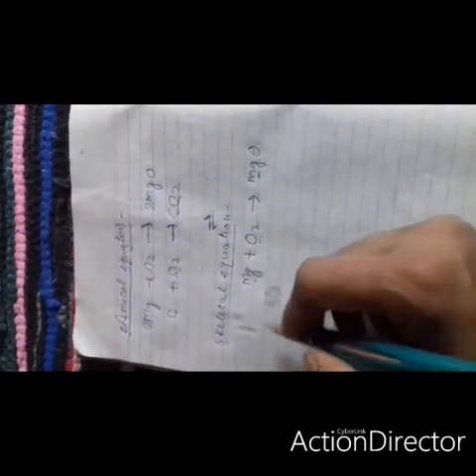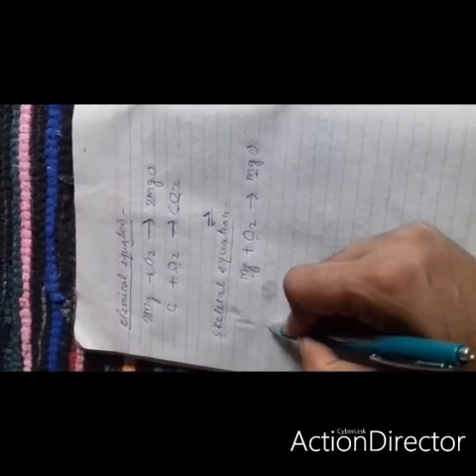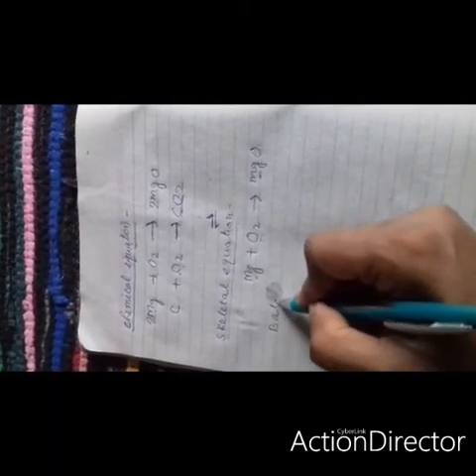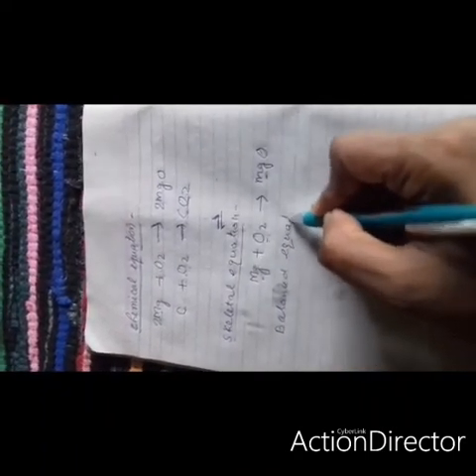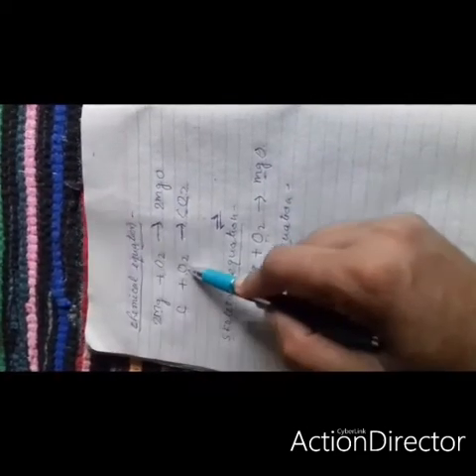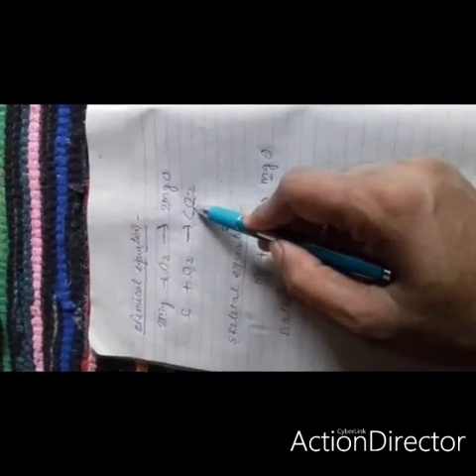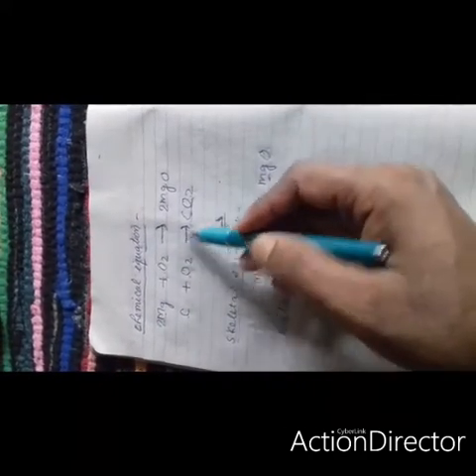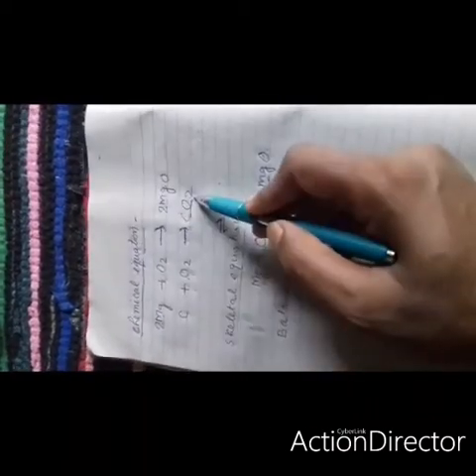Second type of chemical equation, balanced equation. Example is given: carbon reacts with oxygen to make carbon dioxide. This is called the balanced equation because the number of atoms on both sides are equal.